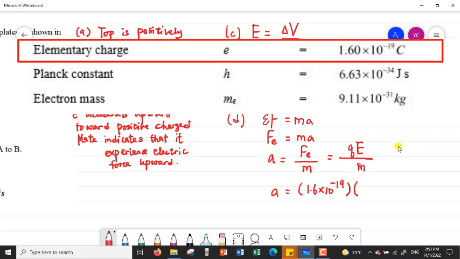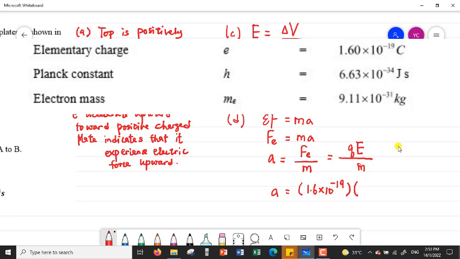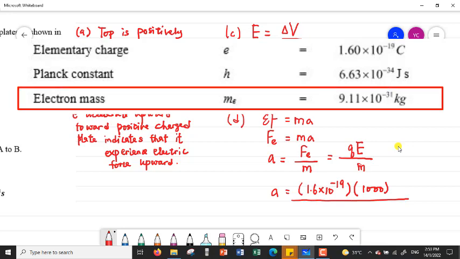The electric field strength of the parallel plates we can take from the answer we calculated in question C, 1000, over the mass of the electron. The mass of the electron we can also refer to the list of constants. So mass of electron is 9.11 to the power of negative 31 kilogram.